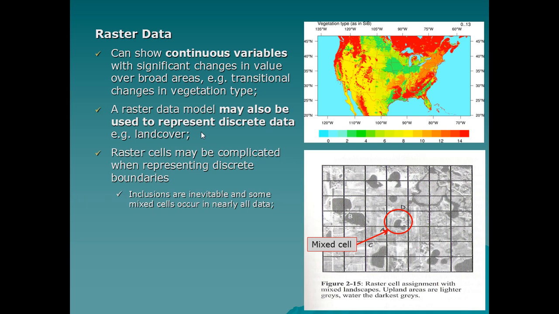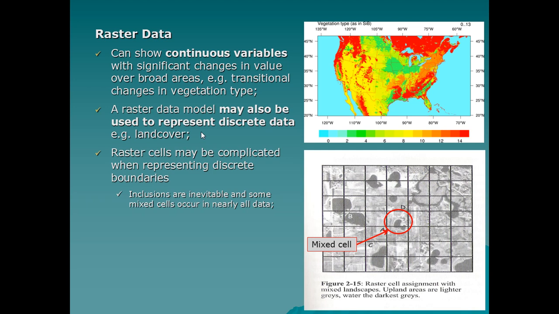Whether you are choosing to represent rivers or roads, you would choose to represent that using vector. However, if your need is to show a high level of detail in vegetation type, you would use the raster representation. If that level of detail is not important to you, you can represent vegetation types using polygon boundaries.